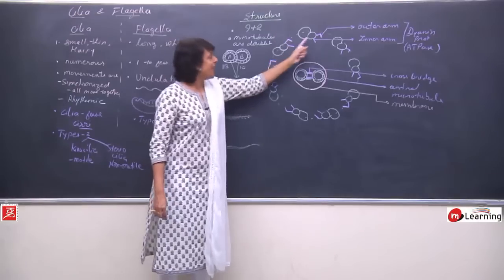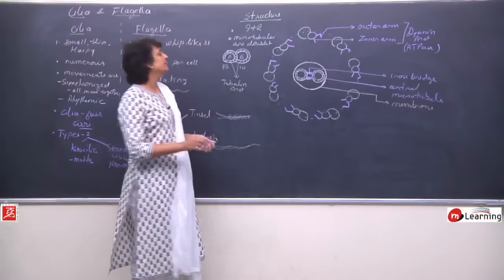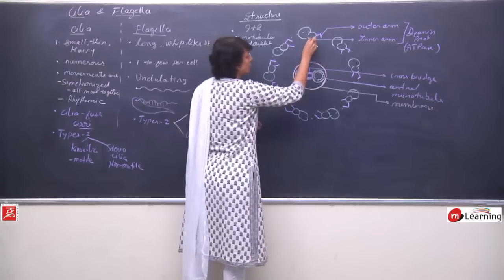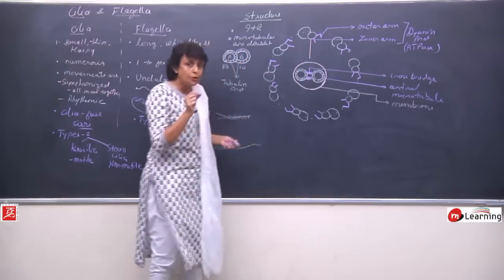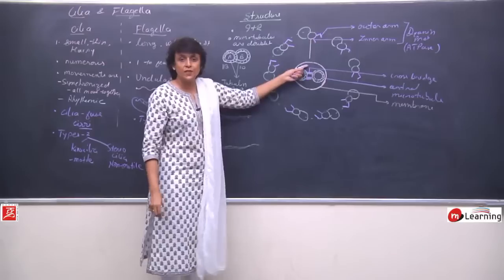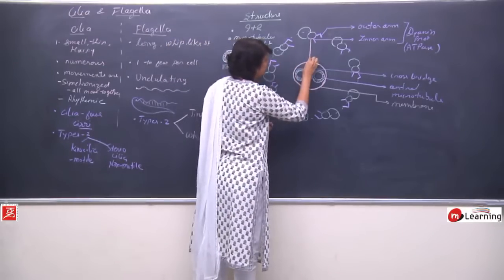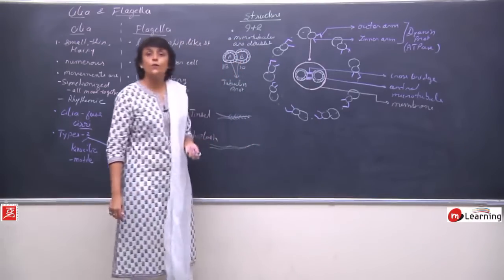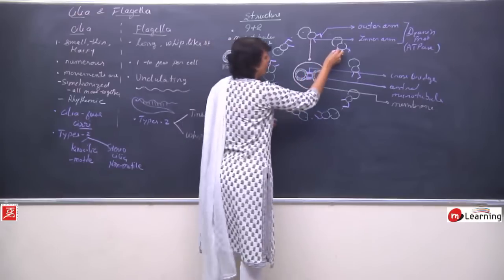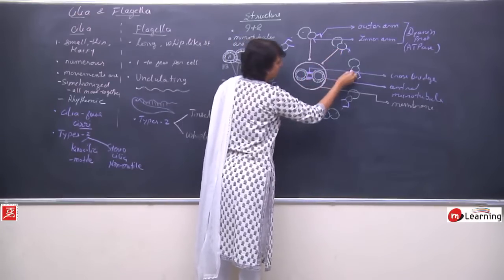From each A arise a radial spoke. The radial spoke is again a filament or a fiber. It comes up to the membrane of the central core and it has a thickening here. This thickening is known as foot. Let us draw all 9 first and then we will label.